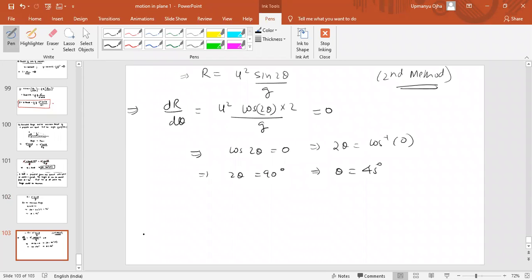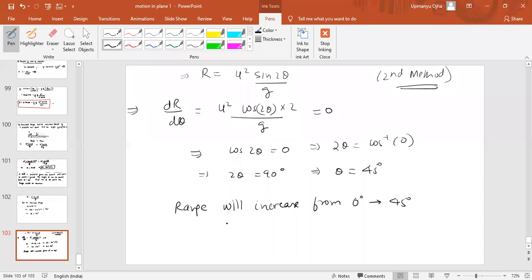Fine. Now one thing we can analyze in range: the range value will increase from 0 degree to 45 degree, meaning it is the maximum value at 45.